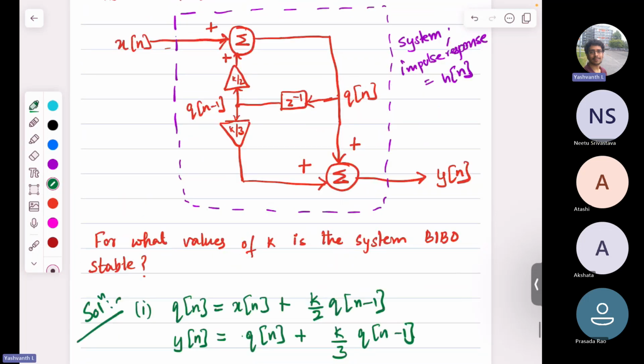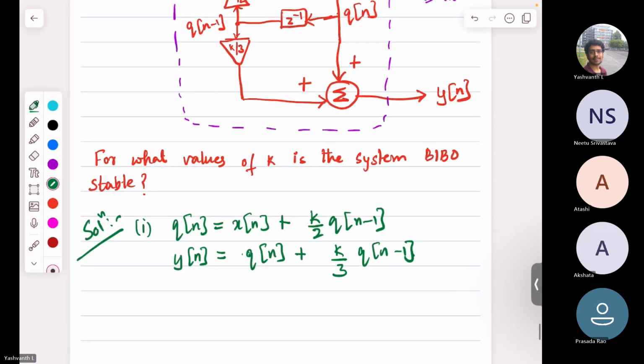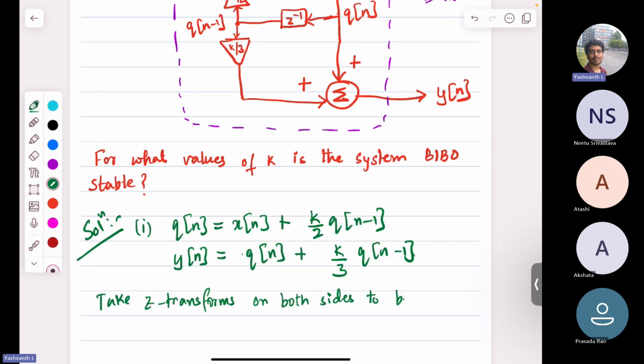So we have basically the diagram has been converted into two equations. Now what we'll do? Take Z transforms on both sides to both equations. Okay.